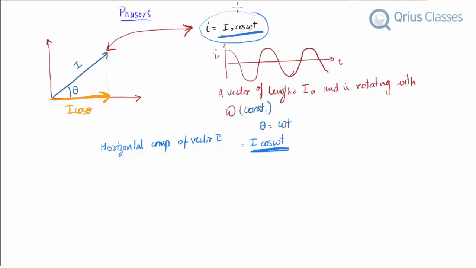This is also why we choose cosine rather than sine: the component is easier to break and it is directly the horizontal projection.